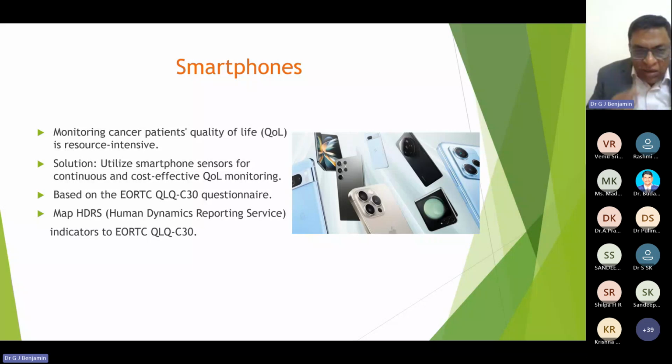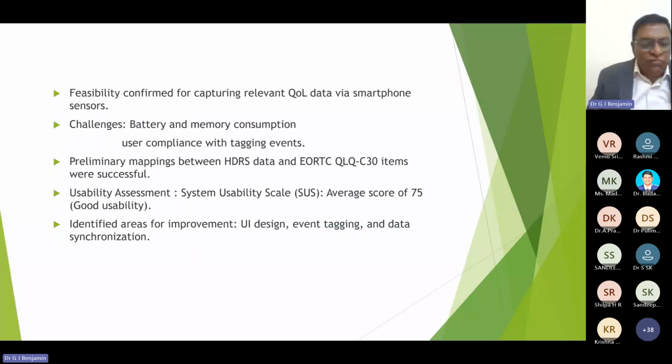Sensor data was uploaded daily to a cloud database. The mapping of quality of life indicators according to the EORTC guidelines gave categories in terms of physical, emotional, social, and cognitive functions. They found that it was feasible and confirmed for capturing relevant quality of life data via smartphone sensors.